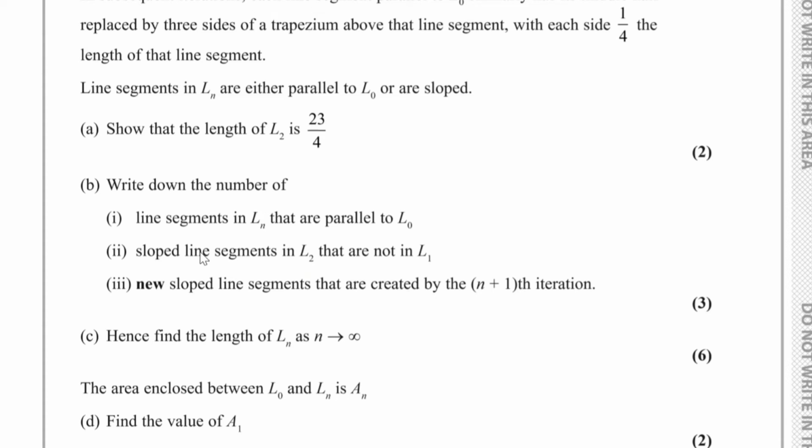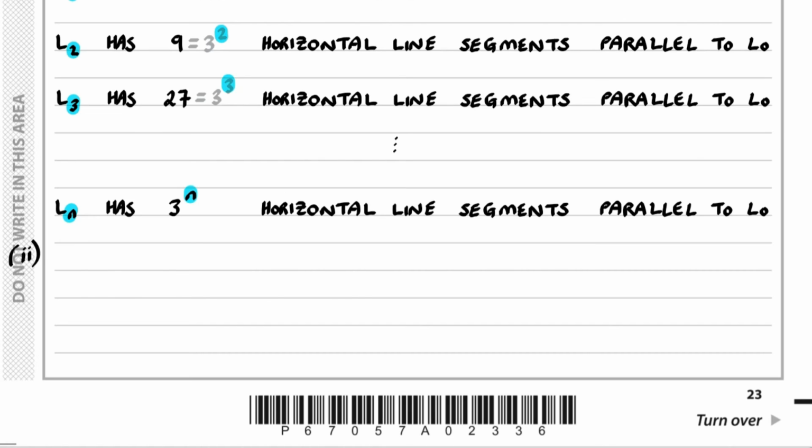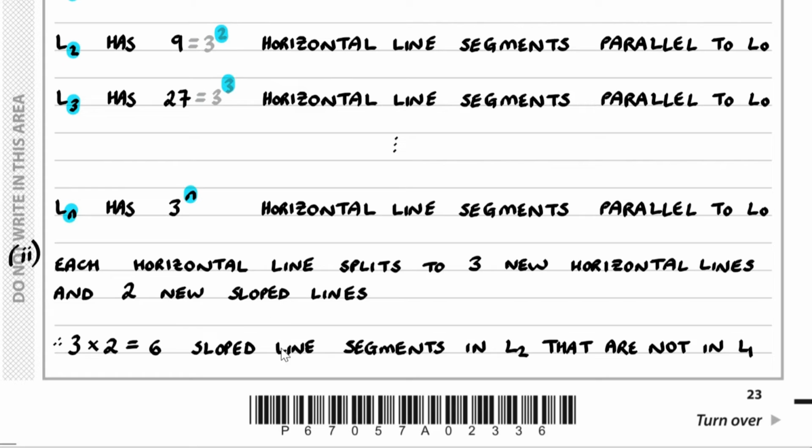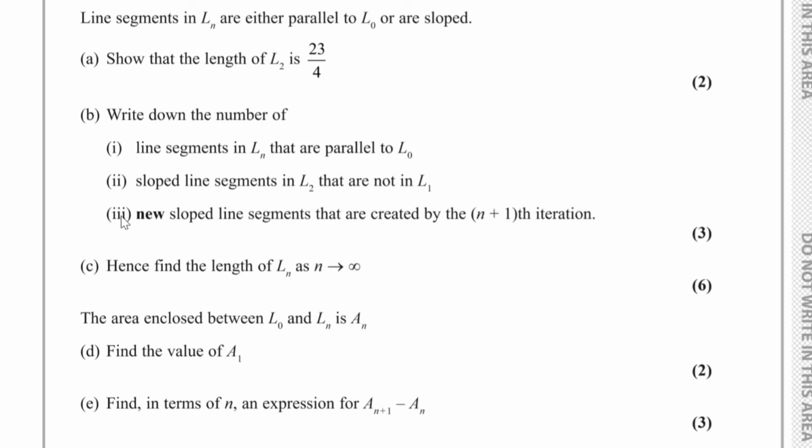Now we have to write down the number of slope line segments in L2 that are not in L1. Well, each horizontal line splits to 3 new horizontal lines and 2 new sloped lines. And so 3 times by 2 is 6, so we have 6 sloped line segments in L2 that are not in L1. Now we have to write down the number of new sloped line segments that are created by the n+1th iteration.